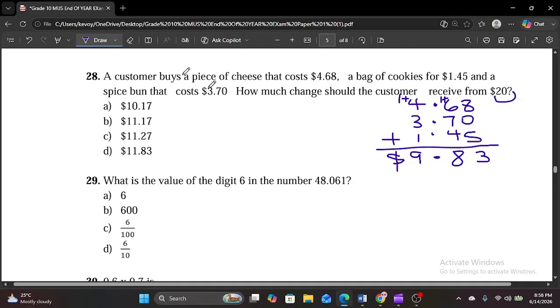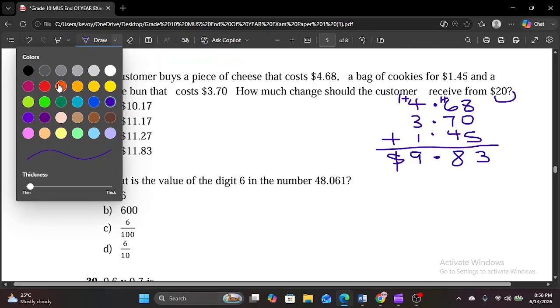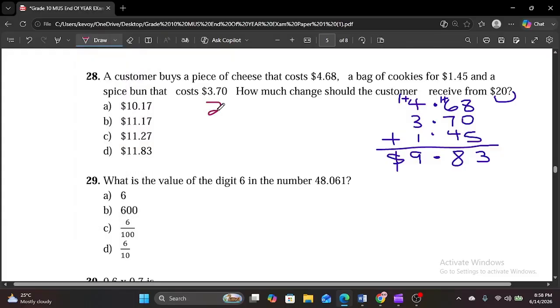So this total now, you're going to subtract it from 20. Let's write it down. We paid with $20, so $20 is going to be 20.00. I'll put down what our total was, $9.83. We subtract. We're going to borrow. If we borrow 1 from 2, we're going to be left with 1. Carry the 1 right here. We're going to borrow again, so we're going to be left with 9.